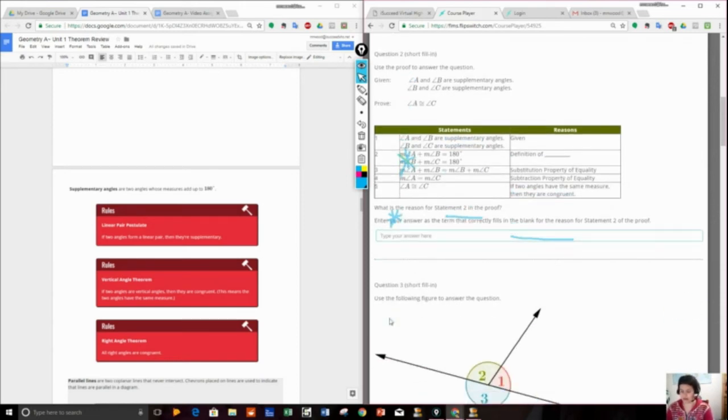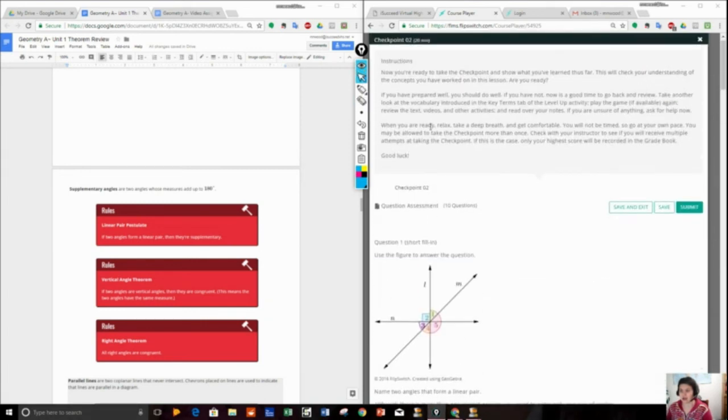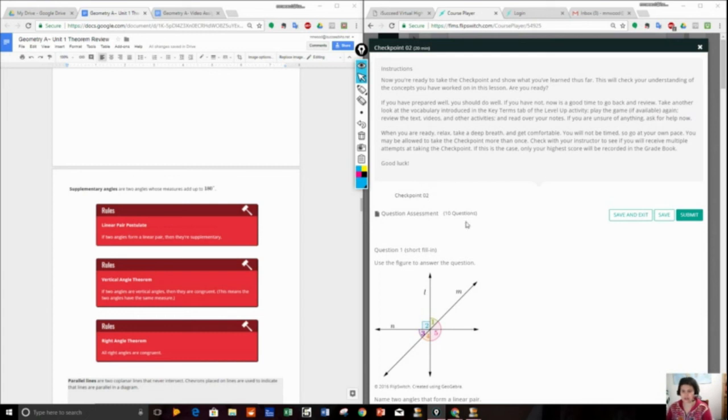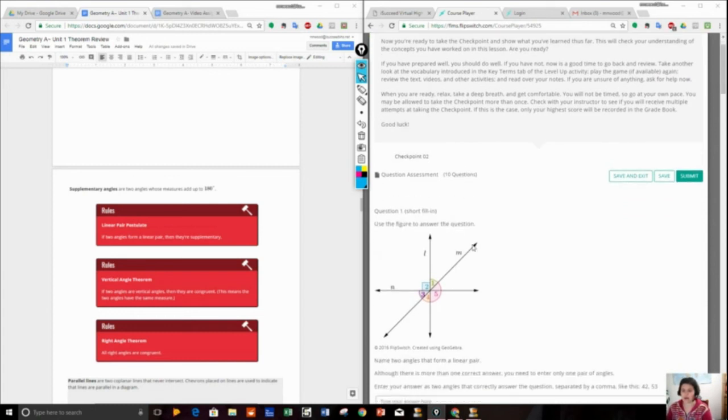So it is spelled up there, supplementary angles. So that is our blank, that is our reason for statement 2. And that's what we're going to have for the checkpoint 2.